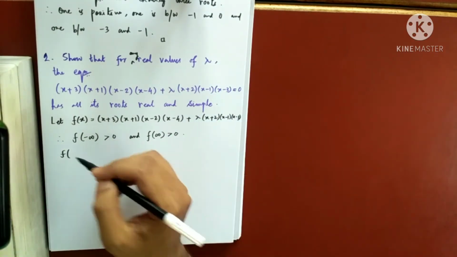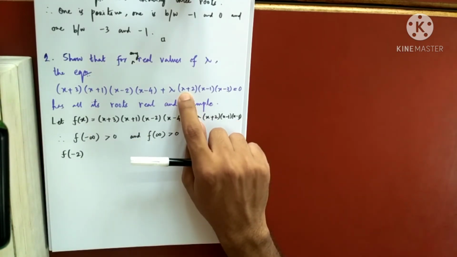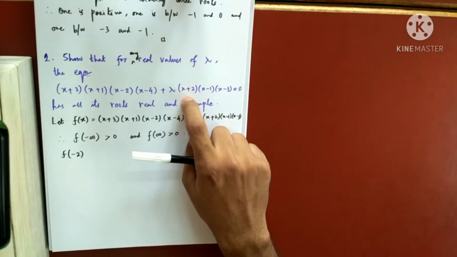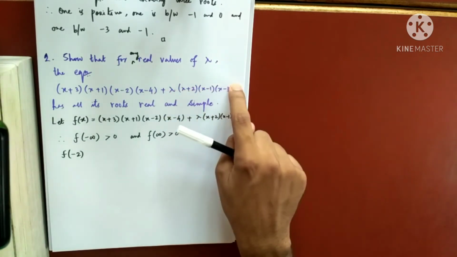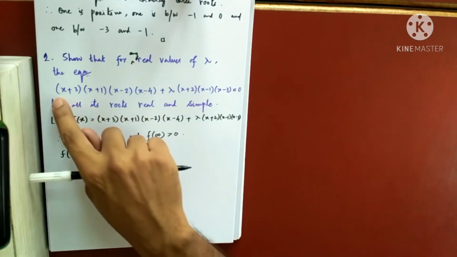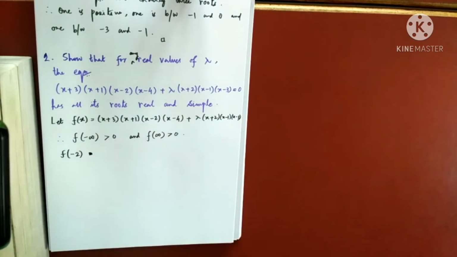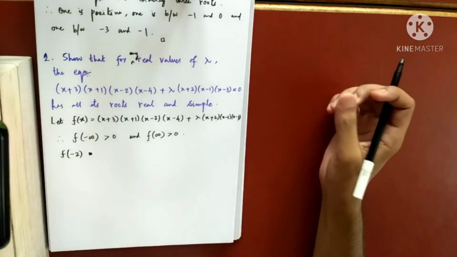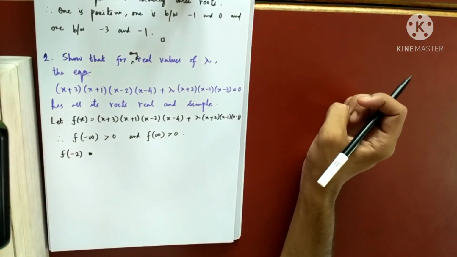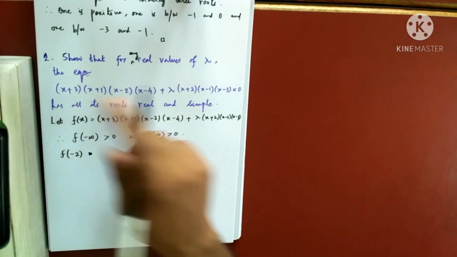So what I will do, I will find f of minus 2 first of all, because when I find f of minus 2, this quantity will become 0, making the lambda term 0. So what is f of minus 2? It will only depend here. So again, I am not interested in the value. I am just interested in the sign of f of minus 2. When I am putting minus 2 here, this quantity x plus 3 is positive.